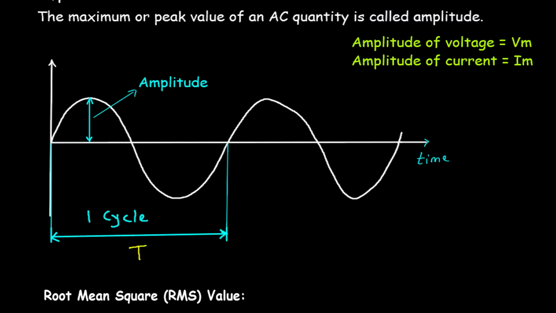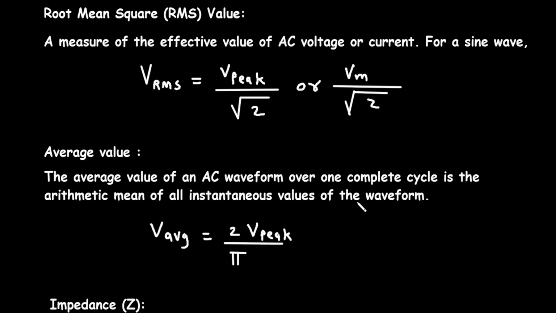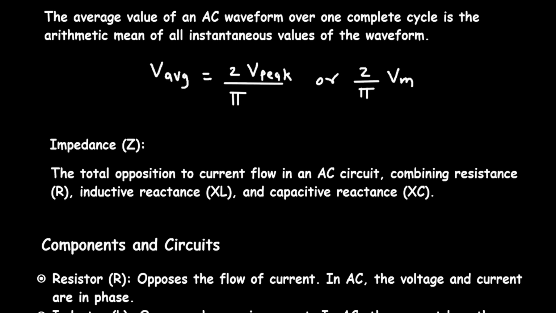If we take the average of these values, or the arithmetic mean of all instantaneous values of the waveform, then we get the average value. It is given by 2 by pi into V peak, or we can write 2 by pi into Vm. So Vm or V peak, we can write any of these. This is about average value.